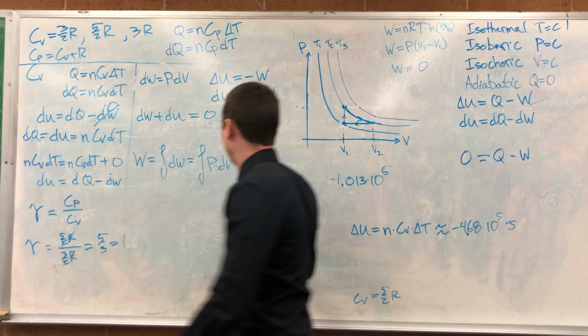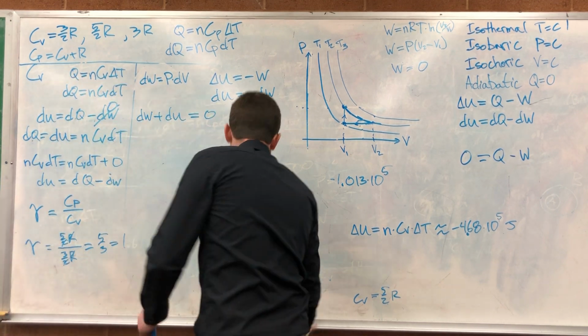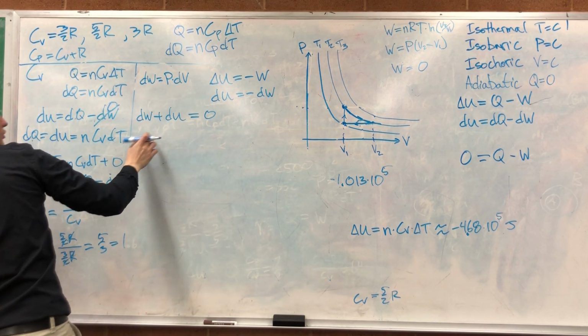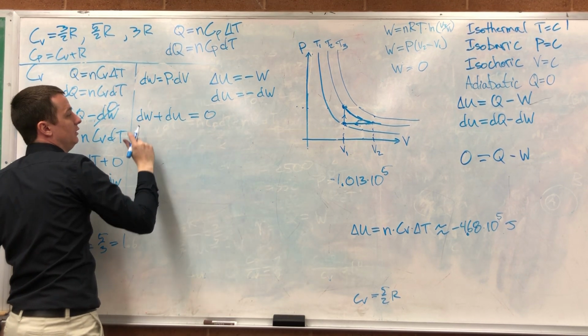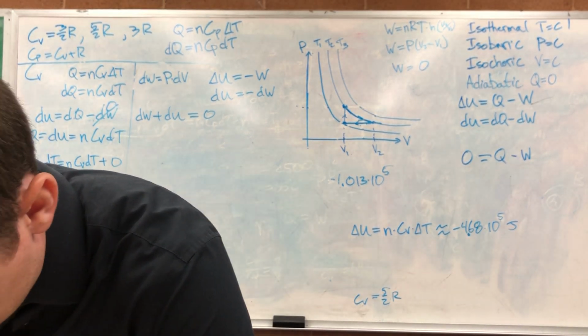I guess we're going to do this in concert, all together in one go. So substituting in dW here for pdV, and let me keep the order the author has the same.